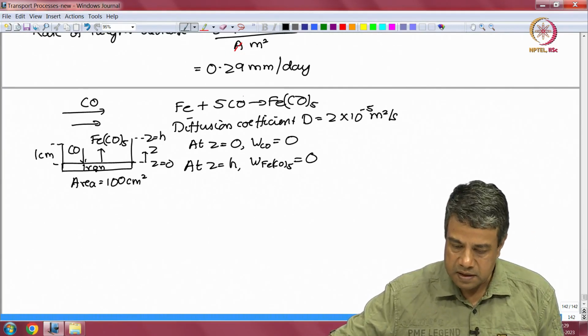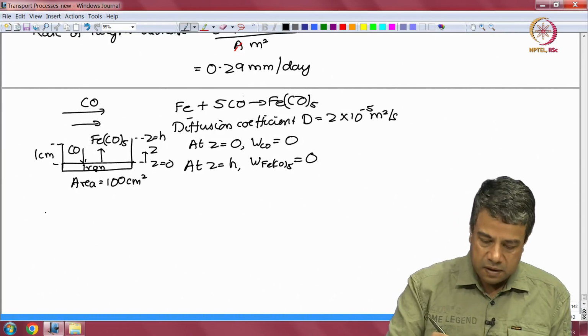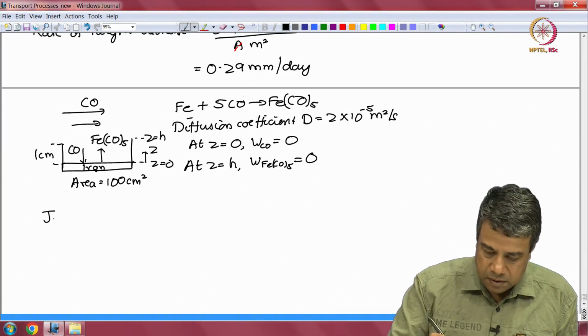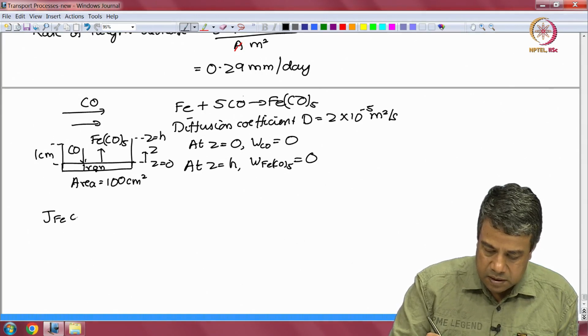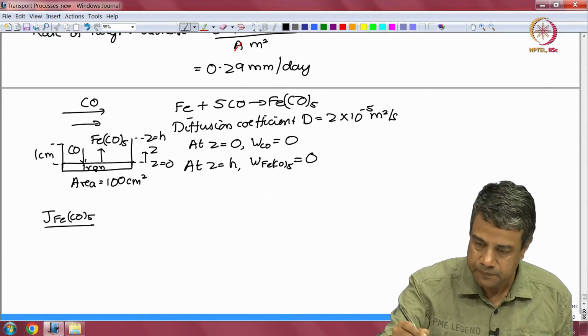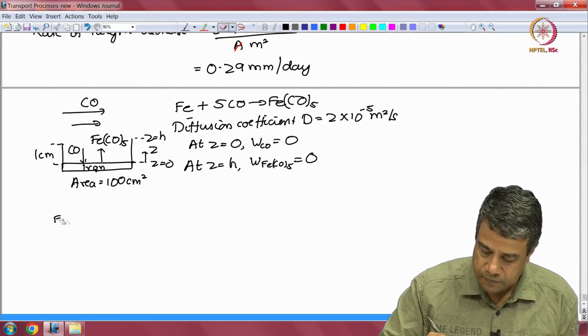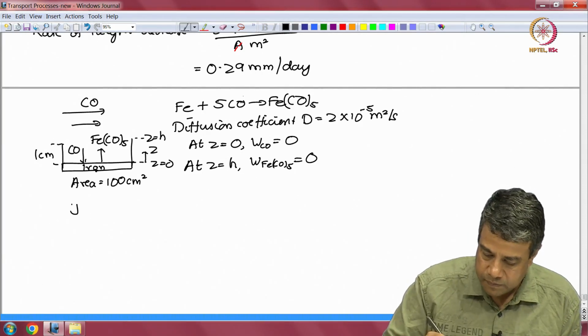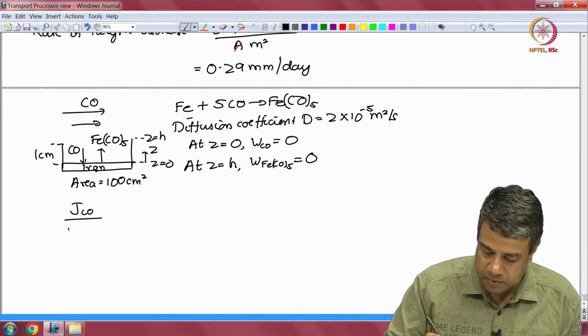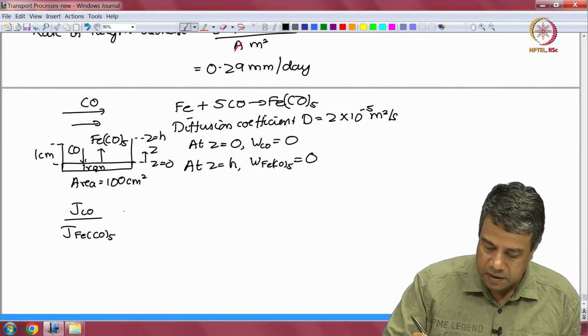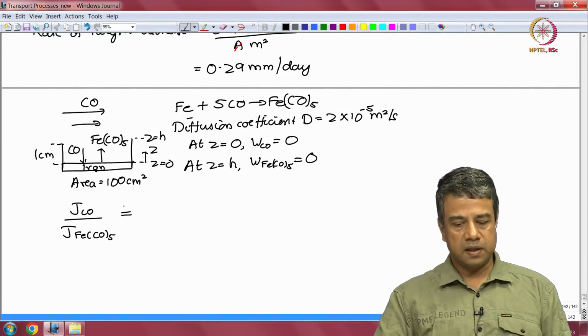In this particular case, the flux of carbon monoxide and the flux of FeCO5 are related by stoichiometry.